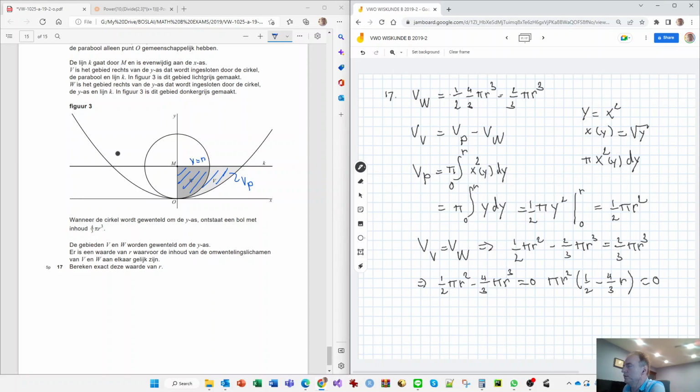Well, 1/2 minus 4 over 3 r is 0. That means 4 over 3 r is 1/2. Just multiply by the inverse, so we get r is 3 over 4 times 1/2, which is 3 over 8. So, assuming we can exclude r is 0, then the answer is 3 over 8.